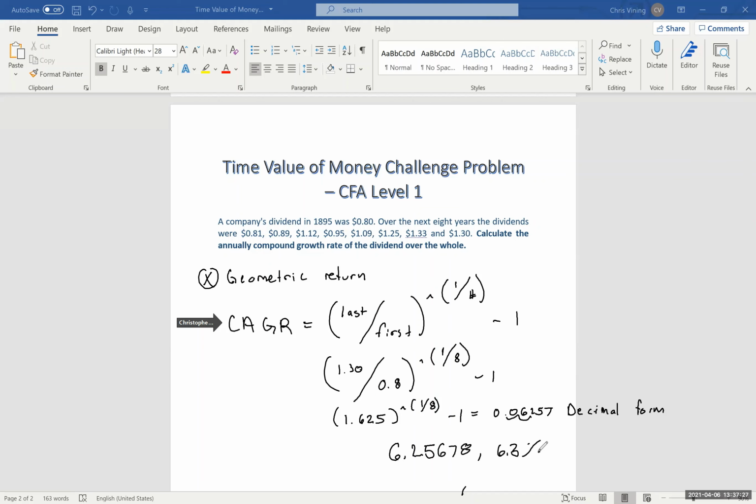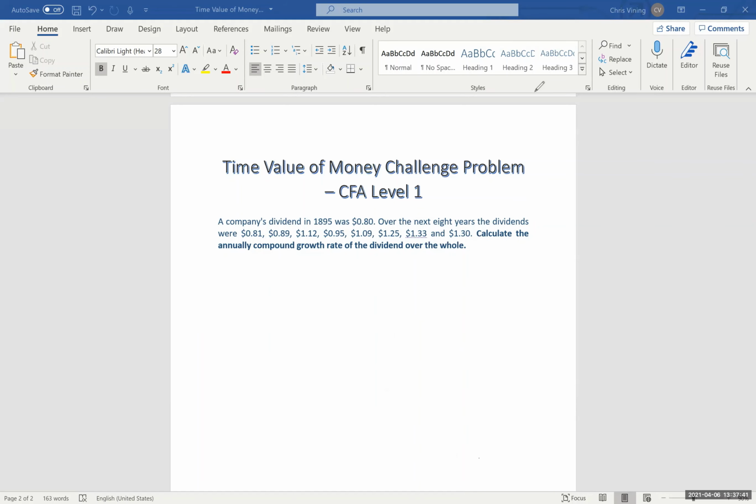Another thing that a lot of candidates get confused on is how do we know to use 8 years? So we're trying to capture the amount of growth that happened in each of these 8 years. So I always recommend doing a timeline. This just helps you straighten out your thinking and get the question right the first time.